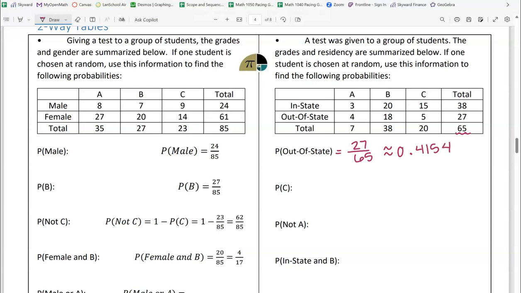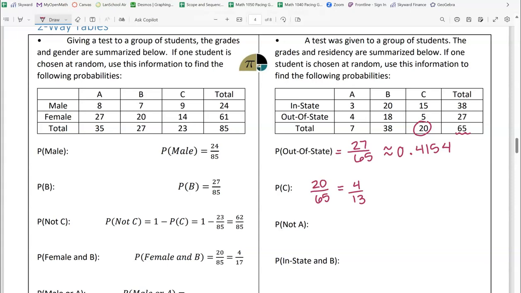All right, next one, the probability of someone getting a C. We have 20 total C's, so that's going to go on top out of our 65 students. Then we need to check if that simplifies, and it looks like it does. We get down to 4 over 13.